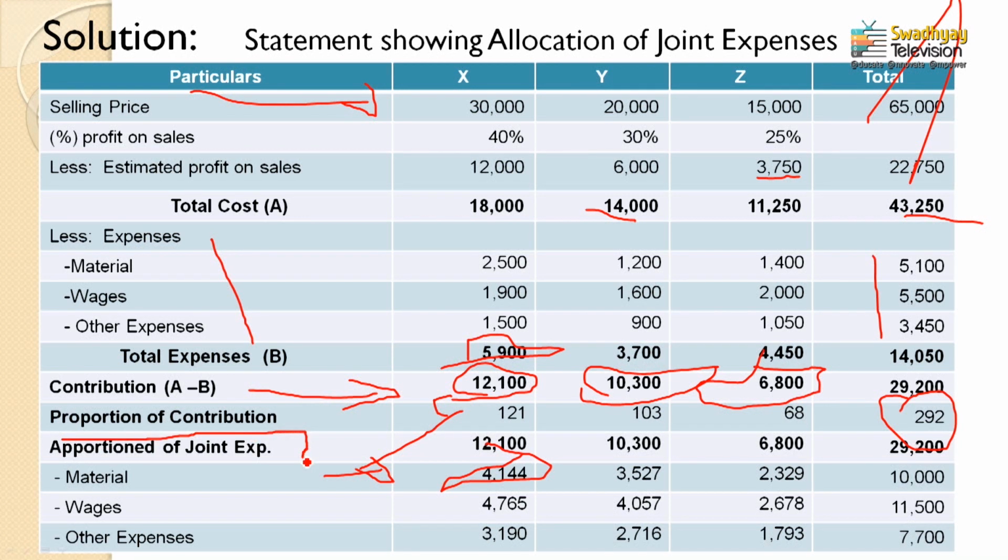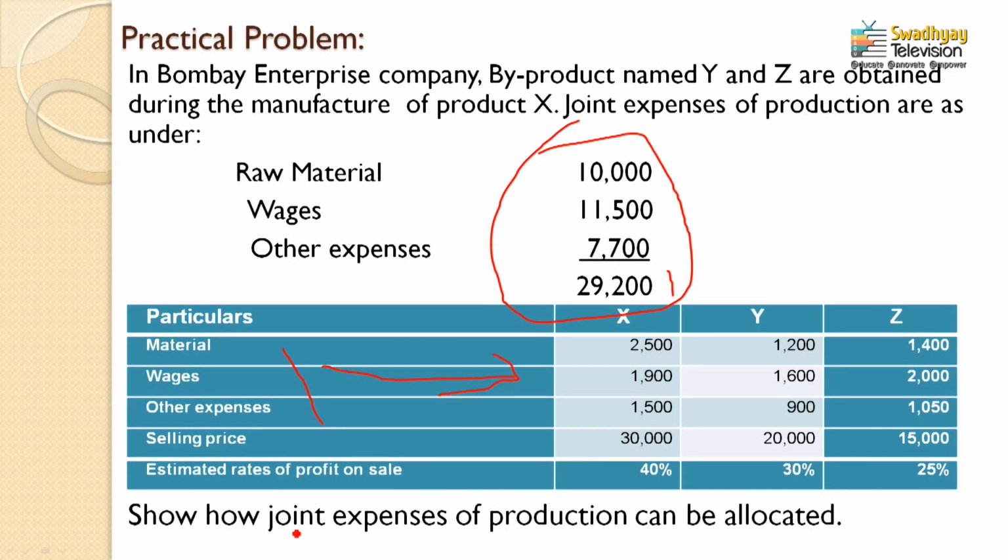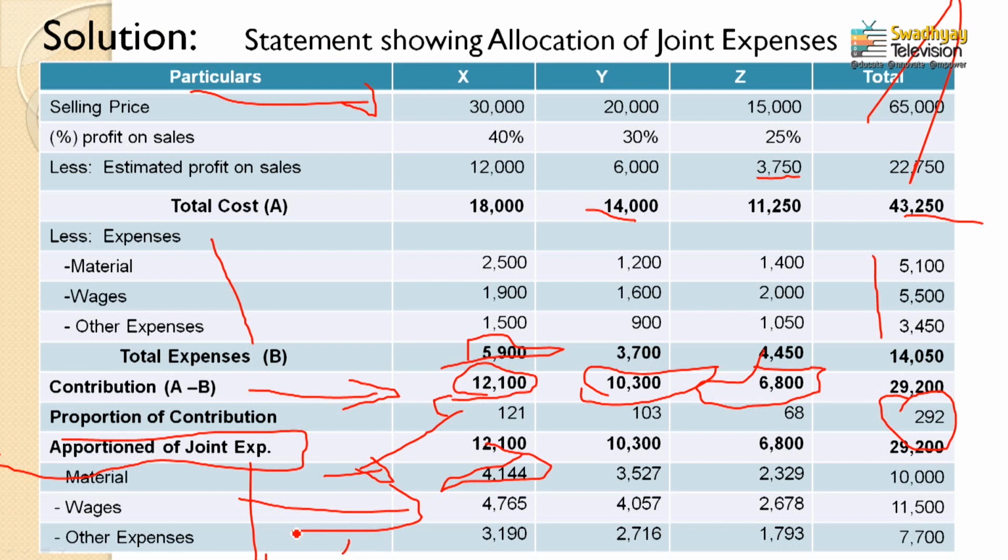This is your third part of the calculation, where material, wages and other expenses are distributed between the particular products, and these expenses were distributed in the proportion of this. That was the remaining amount of expenses in this calculation, and at last we identified the total column: 10,000 rupees, 11,500 and 7,500 rupees, which tally with the question, 10,000, 11,500 and 7,500, making a total of 29,200.